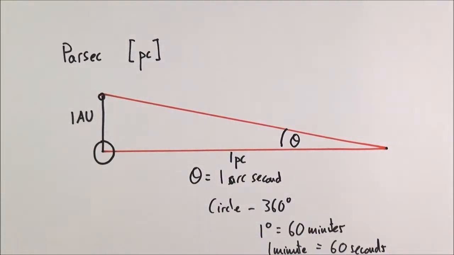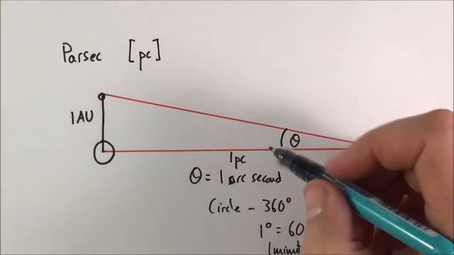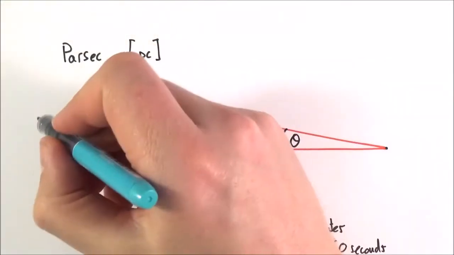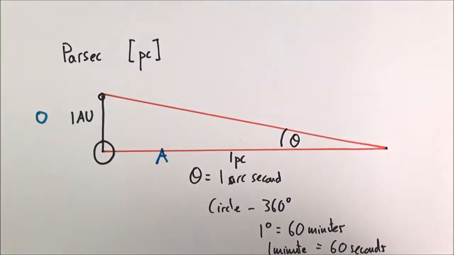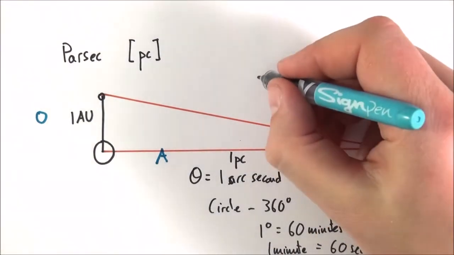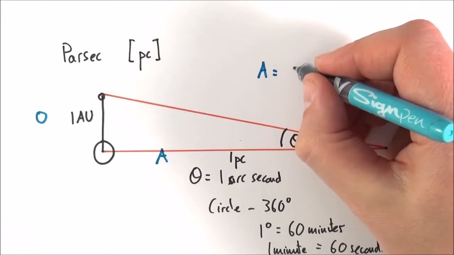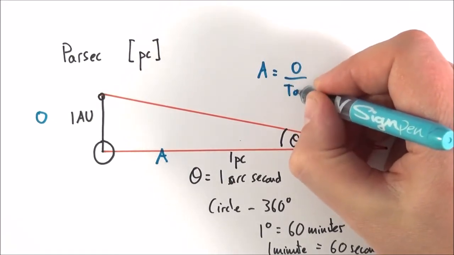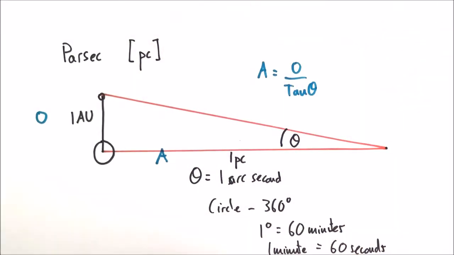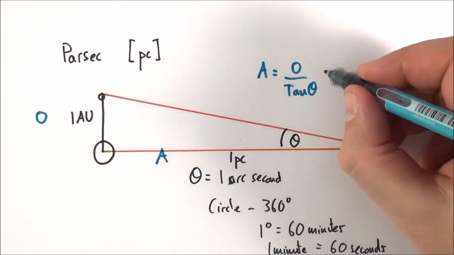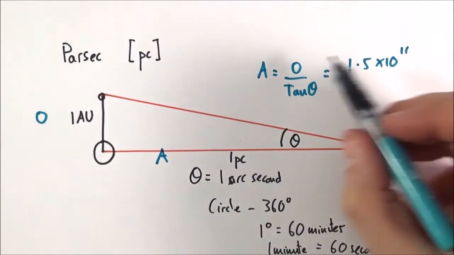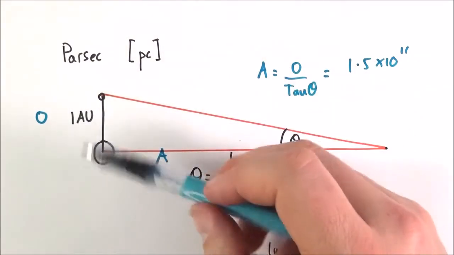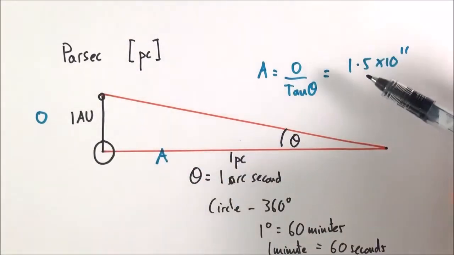Now, if we think about a bit of SOHCAHTOA, we can think about this angle here being a certain angle. We've got the opposite side over here, and here we have the adjacent side. What we can then think about is the adjacent side is equal to the opposite side over tan theta. And in this case, the opposite side is 1 astronomical unit, so expressed in metres that is 1.5 times 10 to the 11.